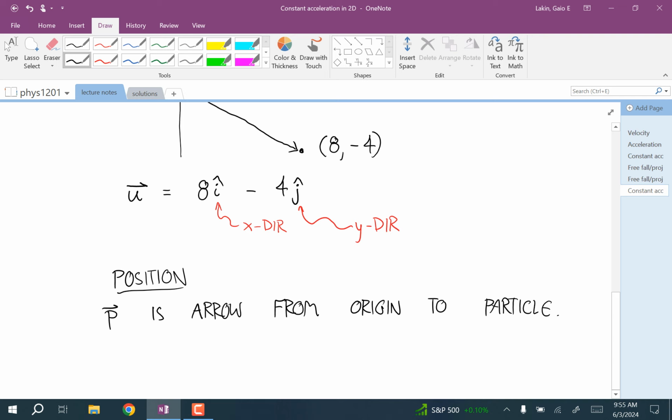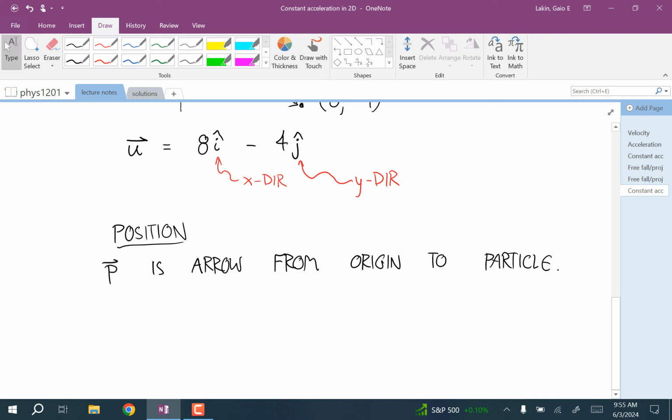This is the one case where there's an easier way to think about it than as an arrow. In this case, just remember that the simpler interpretation of this is just that the components of the vector are the object's coordinates.